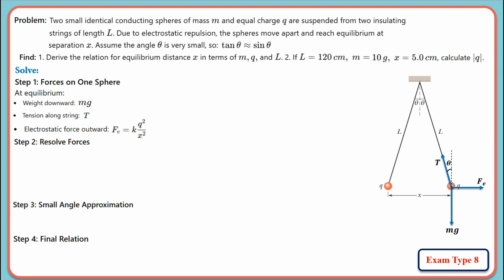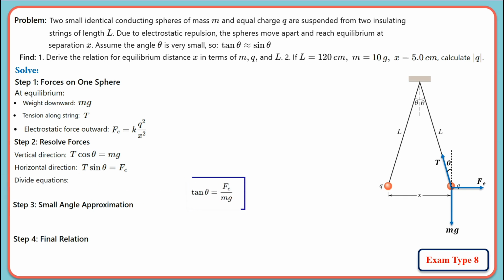Step 2. Now resolve the forces into components. In the vertical direction, tension cosine theta equals mg. In the horizontal direction, tension sine theta equals the electrostatic force. Dividing the two equations gives tangent theta equals electrostatic force divided by mg. Step 3.